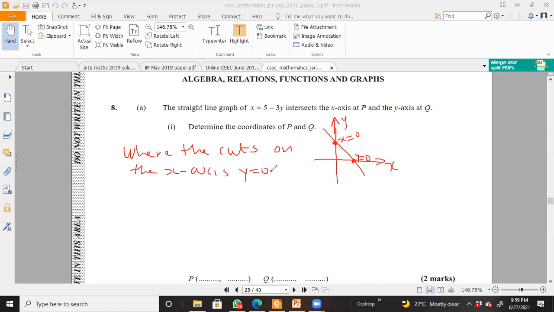So let's do that one first. You are going to write the same equation they gave you: x equals 5 minus 3y.